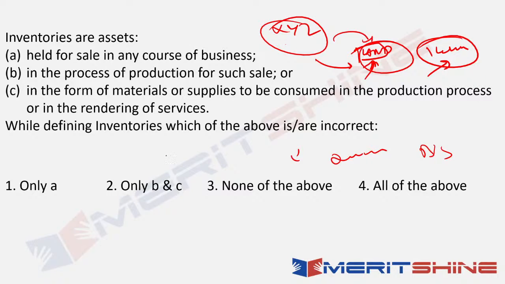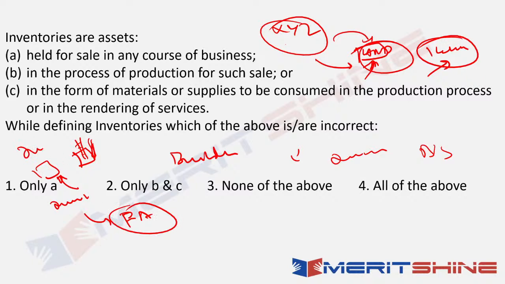Why? Because let's say I am a builder. What I do is buy land and then construct houses on it, right? For me, what is land? Land is neither an investment nor my fixed asset. It is inventory for me. Pieces of land where I construct buildings are inventory for me if I am a builder, right?